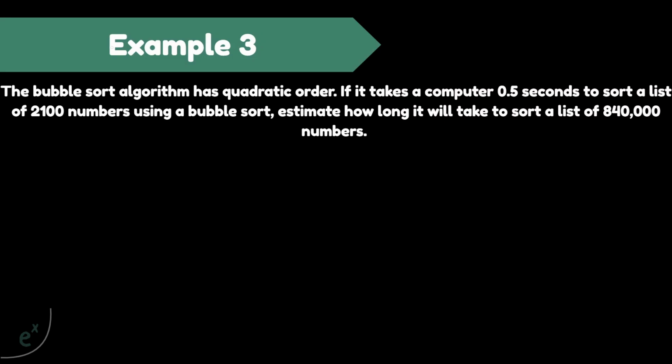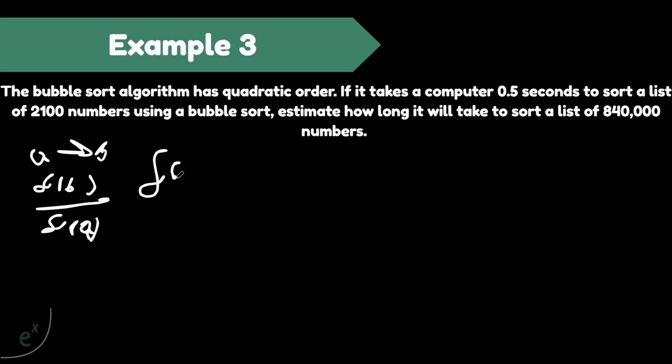To solve this problem, we must first recall that increasing the size of a problem from A to B gives us a scale factor of f of b over f of a when the algorithm has an order f of n.